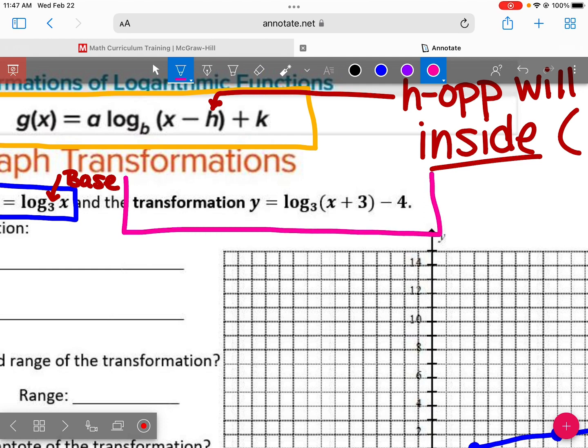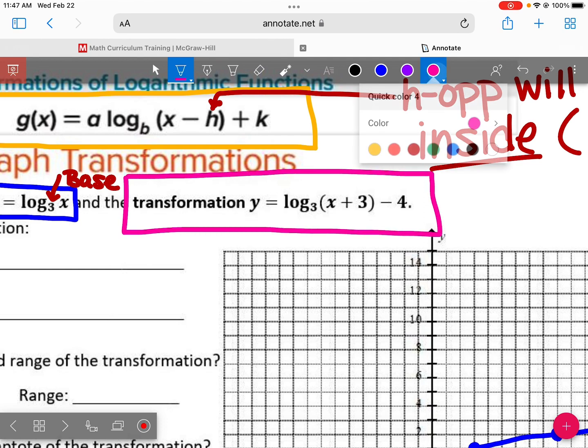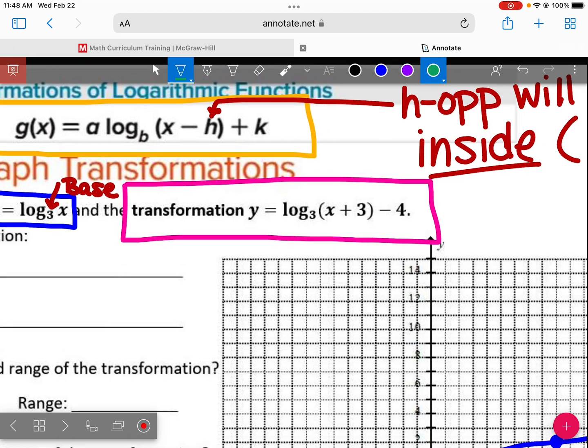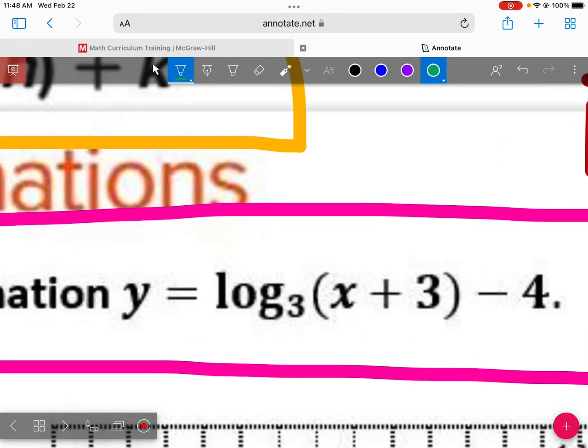Now I'm going to come over here and look at this transformation. Now I care about what are A, what are H, what's K. Where do I go looking for the A value? In front of the log but behind the equal sign. Well, what's in front of the log but behind the equal sign?